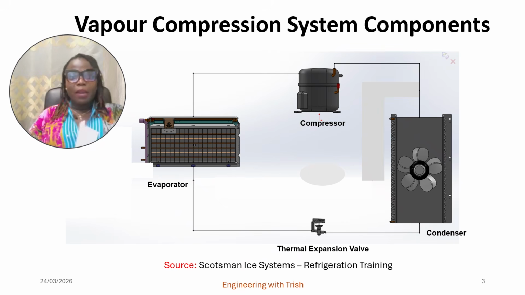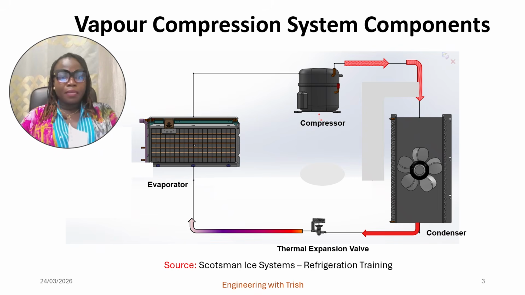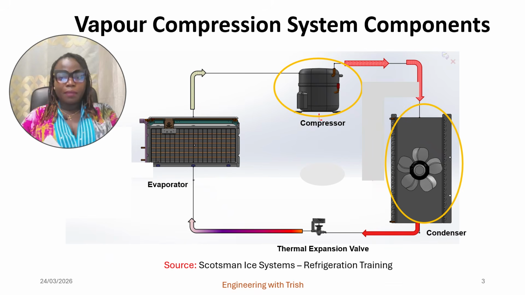So quickly, I will recap the refrigeration cycle, that is the components. We mentioned that there are four main components, and you can see them here. That is the compressor, the condenser, the expansion valve or the throttling device, and the evaporator.